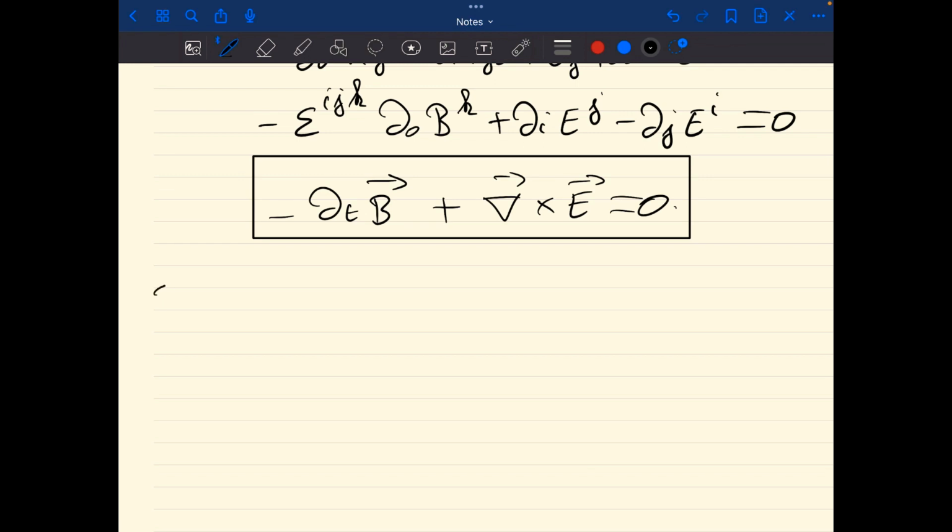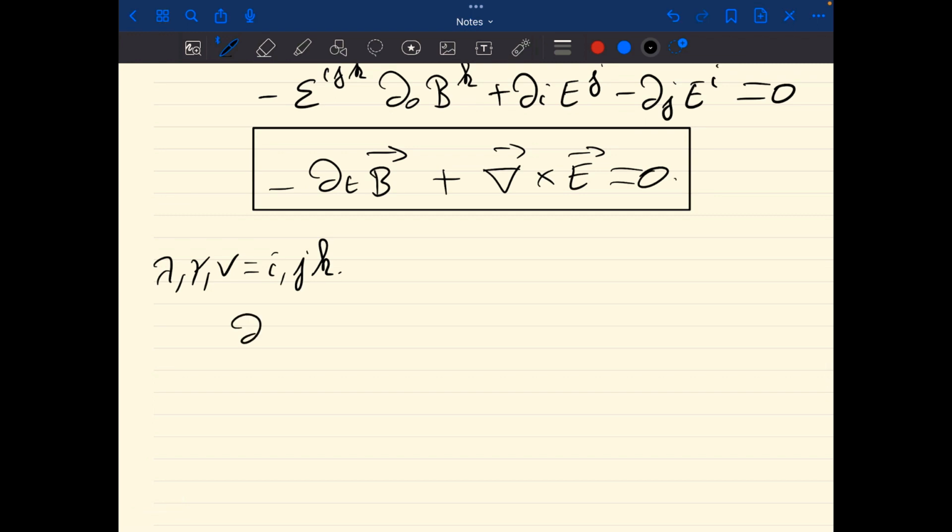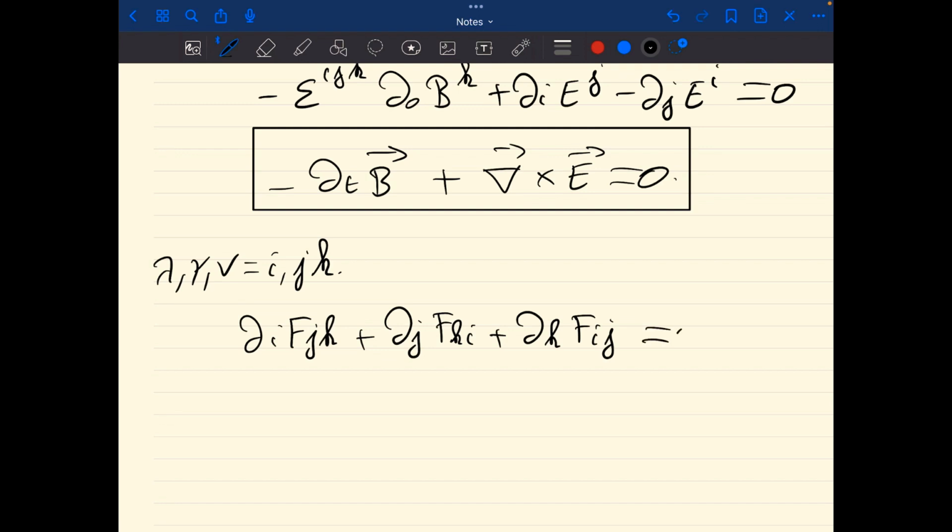So what we do now is take lambda, μ, ν equal to, let's say, i, j, k. The equation in that case is ∂_i F_{jk} plus ∂_j F_{ki} plus ∂_k F_{ij} equals 0.